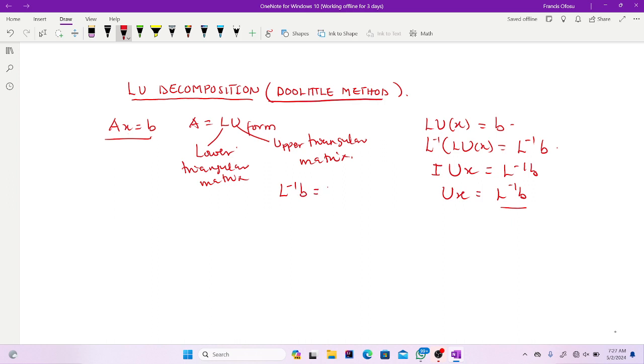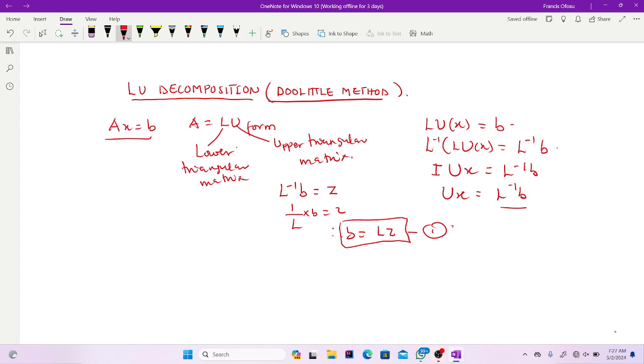You will set it to, let's say, anything, say z. Once you do this, you know that this is the same as L inverse b = z. Therefore b is equal to what? Lz, and this is one important equation we need in our LU decomposition process. So equation 1: b = Lz.